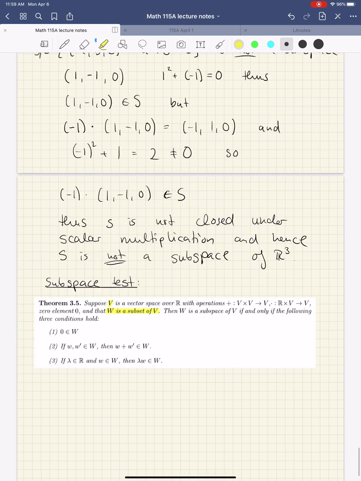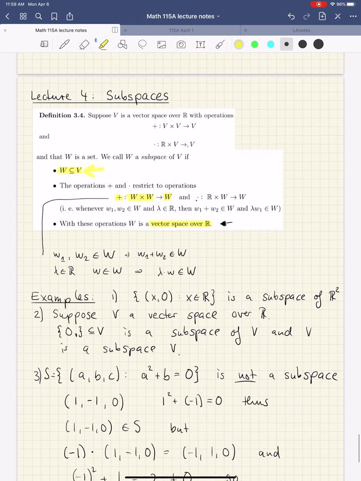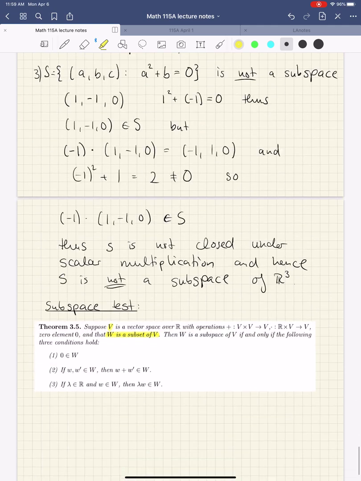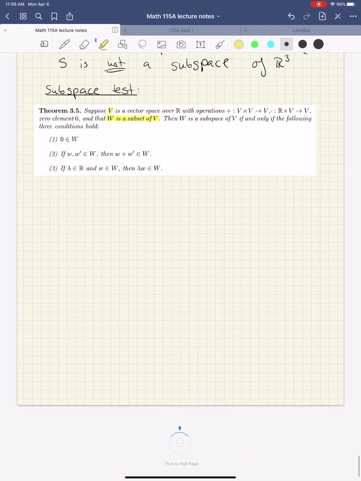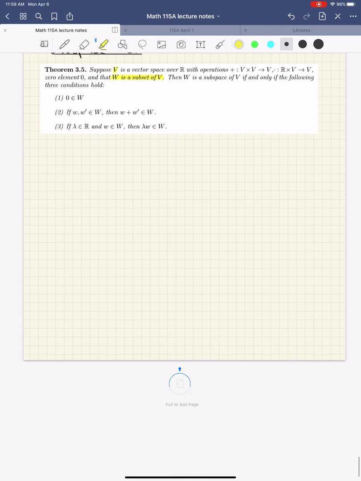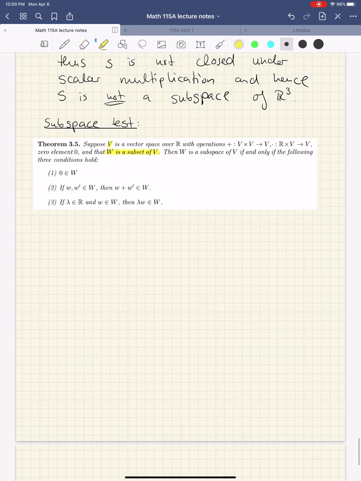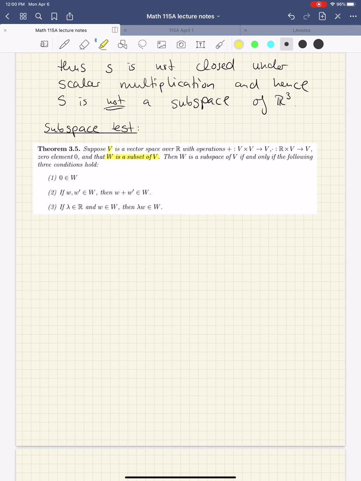Okay, so for a subspace, let's go back to the definition. We have to have it's a subset, we have to have the operation restrict, and it's a vector space in its own right. Okay. So now in this case here, the subset is already given.